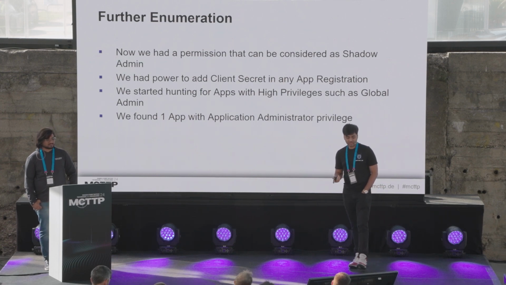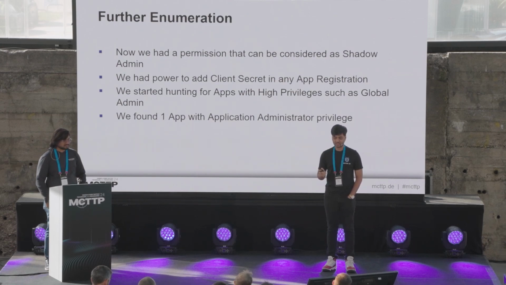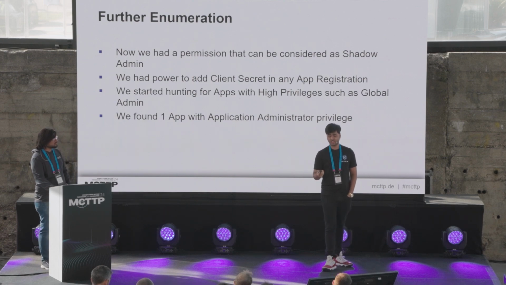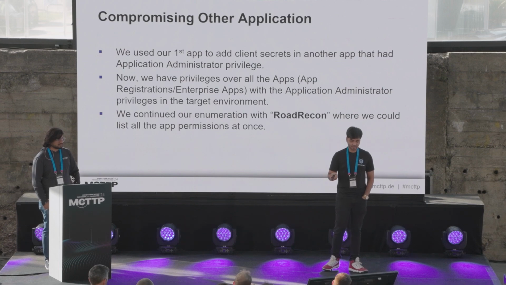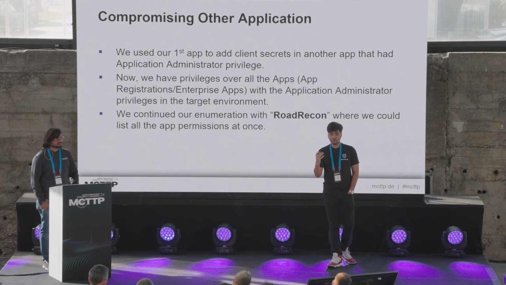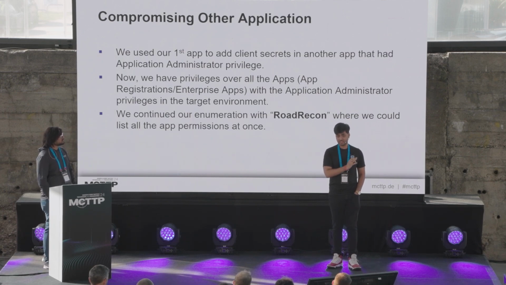But we didn't find anyone, though we found one more application which had similar permissions, application administrator permissions, which again is a privileged role. So we compromised that application as well. Now we have a good amount of privileges within Entra ID, not the subscriptions, but within Entra ID.